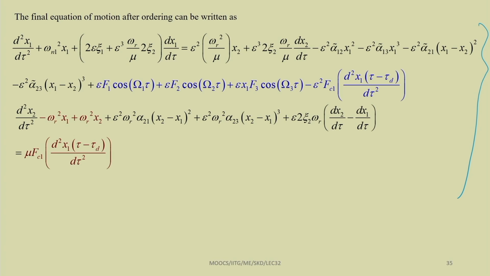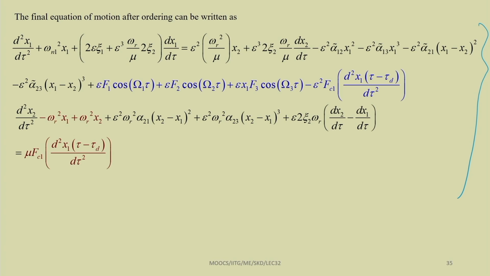Here we have three forcing terms: epsilon f1 cos omega 1 tau, epsilon f2 cos omega 2 tau, epsilon x1 f3 cos omega 3 tau, minus epsilon square fc1 d square x1 (tau minus tau d) by d tau square.